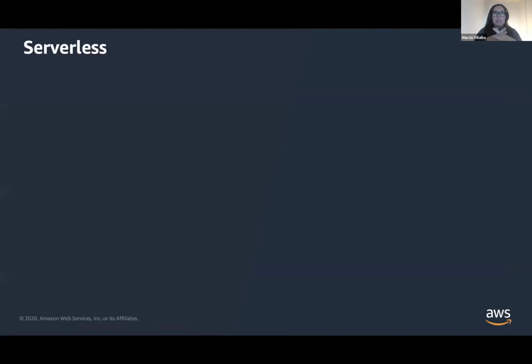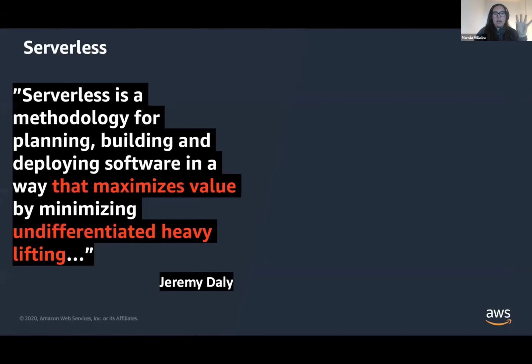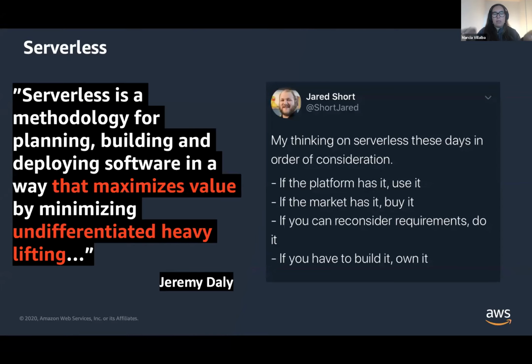But first, just so that everybody has the same picture of what is serverless, I want to go through what it means to have a serverless architecture, or serverless components, or serverless whatever you like to call it. I call it a methodology. The idea is to maximize the value without rewriting the wheel, making the wheel again.